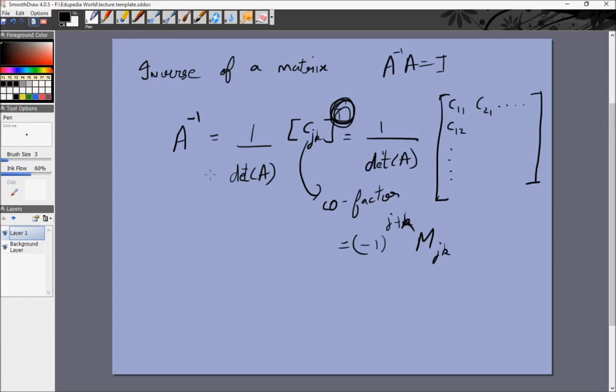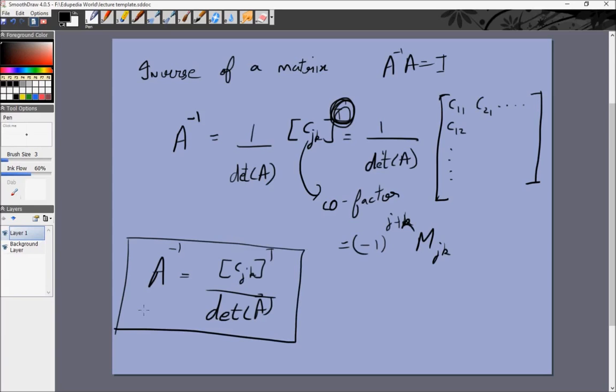Again, if you wanted to calculate it explicitly, you would need to calculate the cofactor of every entry, and then you would need to calculate the value of the determinant. So it's quite a lot of work, but in terms of simplicity of the formula, it's quite convenient to write simply A inverse is equal to C_jk transpose by determinant of A. For theoretical purposes, this is actually very useful.